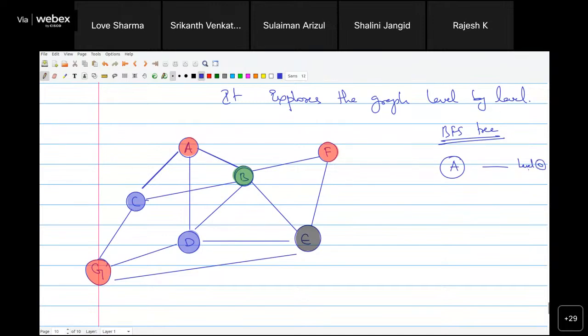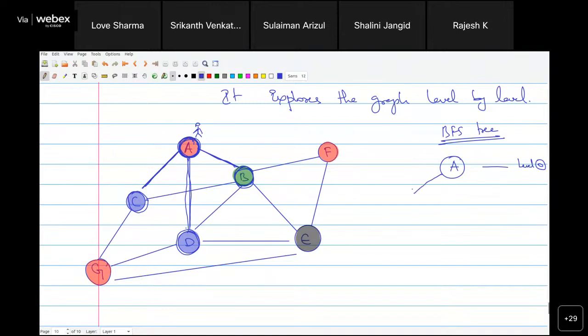Okay. So in the next level, I am here now. I explored vertex A, and then I will explore the incident edges. So I will travel along the edges and I will see what all vertices are neighbors to vertex A. So C, B, D are the neighbors of vertex A. So I will explore them in the next level.